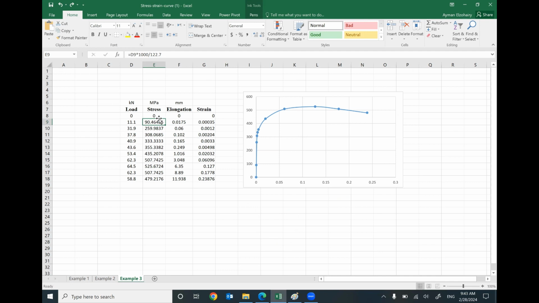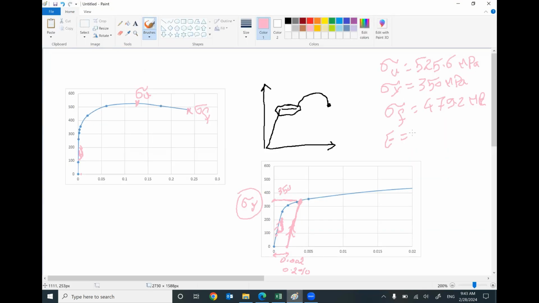So 90.46 will be divided by the value of the corresponding strain, 0.0035, which will give you the value of the Young's modulus equal to 25,857.1 megapascal.